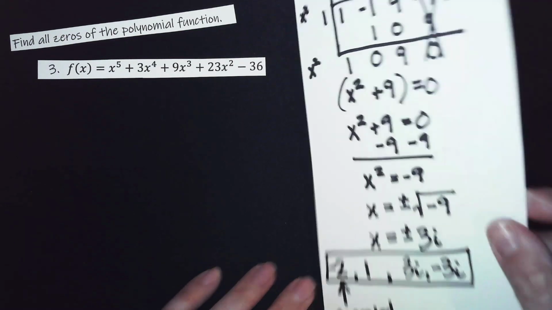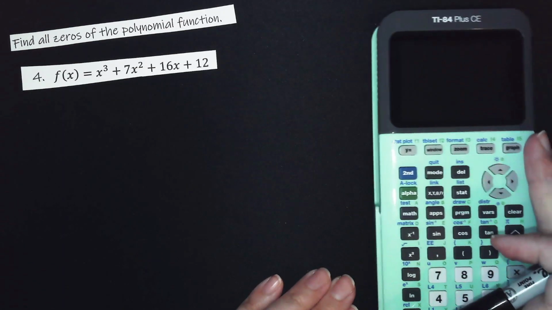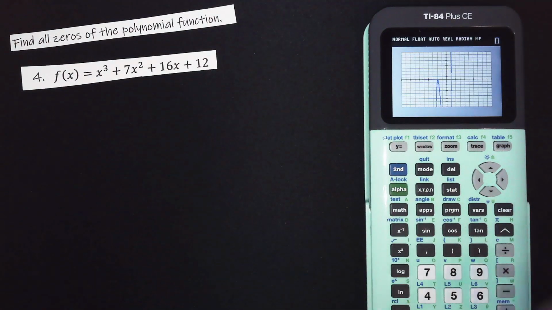All right, now if we go to number 4, we want to find our solutions to x cubed plus 7x squared plus 16x plus 12.